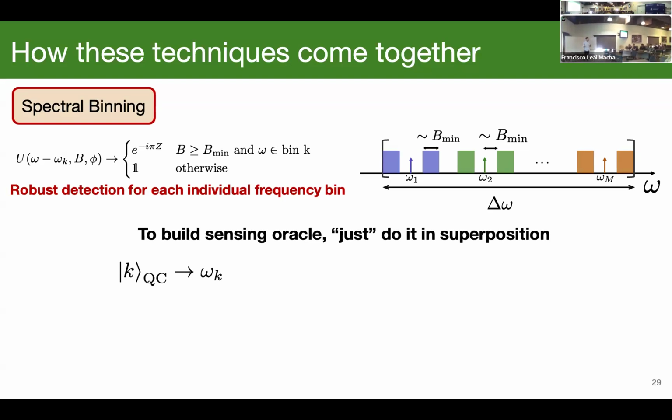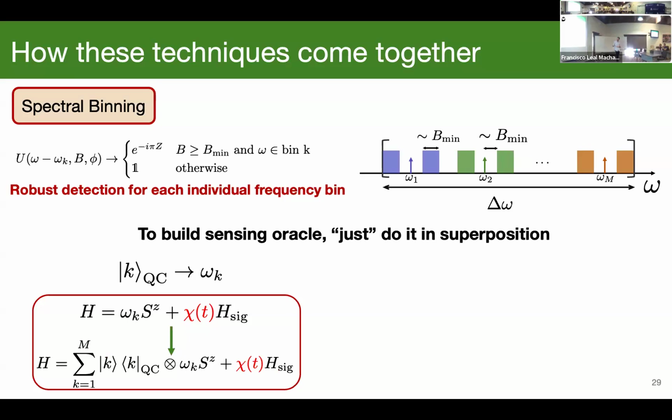So for each register of your quantum computer, you associate one of these little detectors. If you take our previous construction and elevate it such that the reference frequency of your qubit now depends on the state of your quantum computer, you're now not just measuring one particular frequency, you're measuring across the entire set of frequencies, depending on the state of your quantum computer.